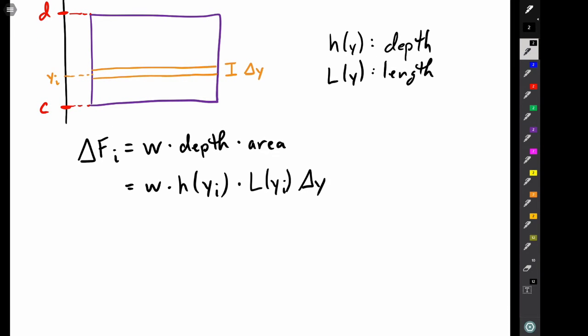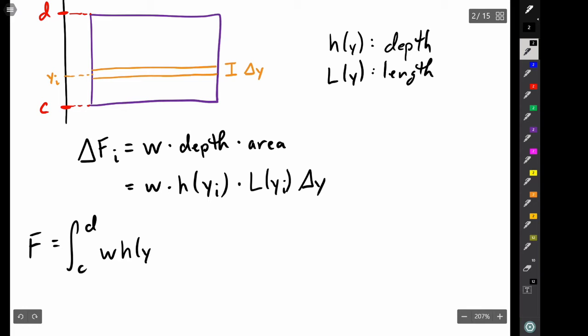Of course, then we want to add up all these forces. So what we want to do is add up all these forces, and so the total force will be the integral from C to D, from the very bottom to the very top, of W times the height times the length, dy.